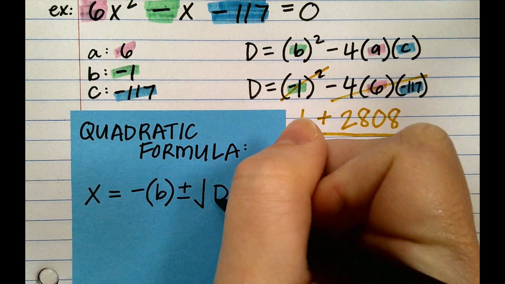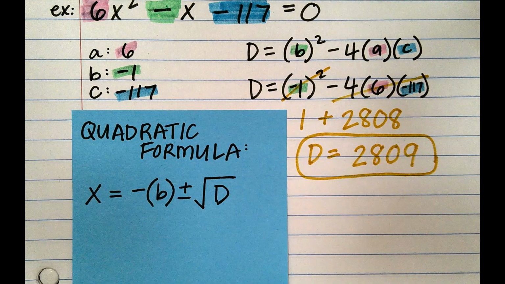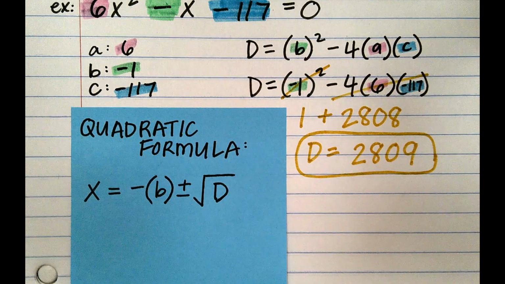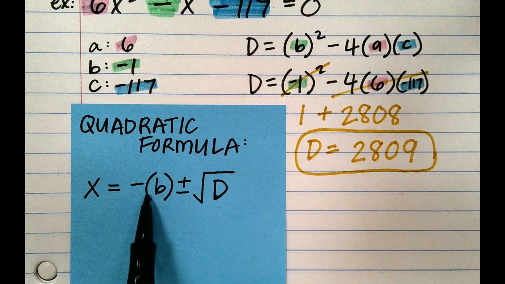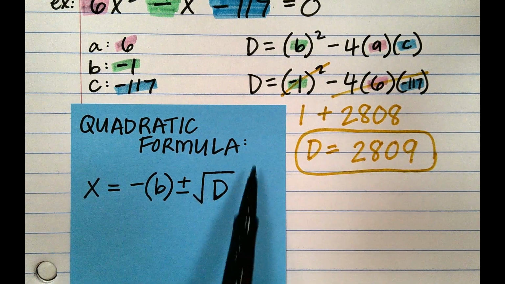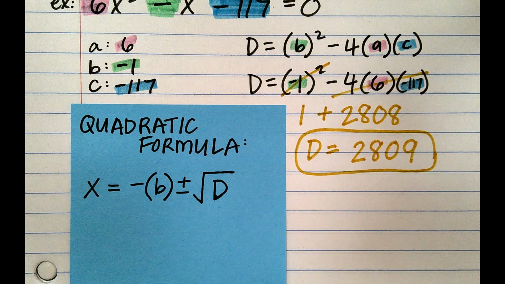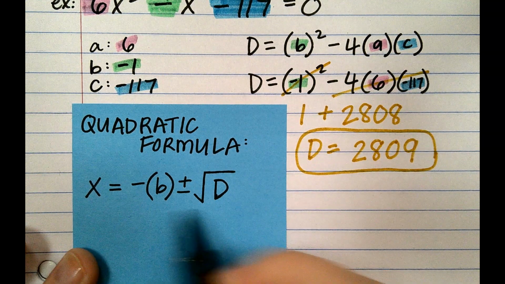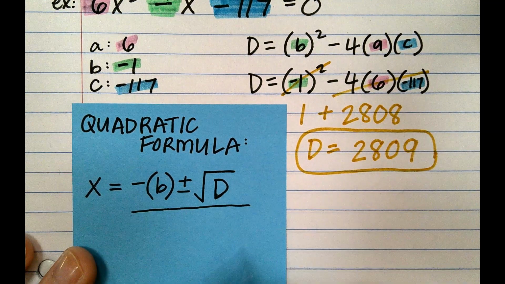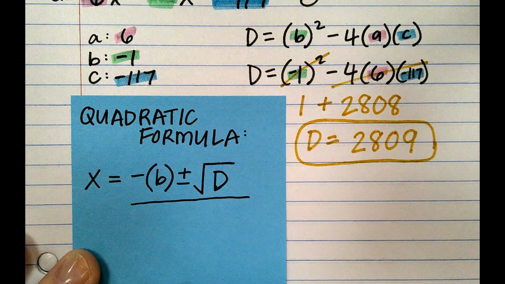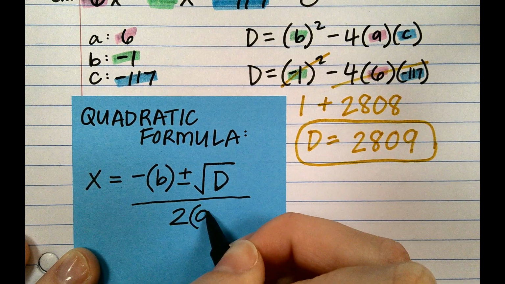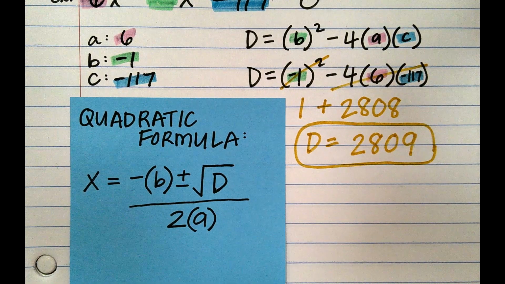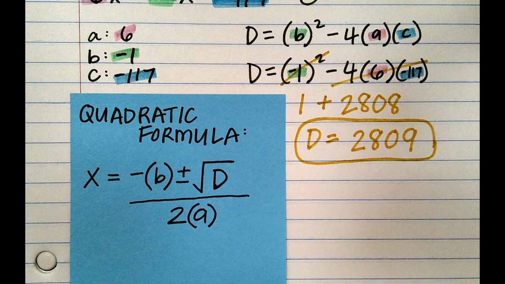That's what we'll keep it as for now. So -b plus or minus the square root of the discriminant. All of this is divided by 2 times a. That's the formula.